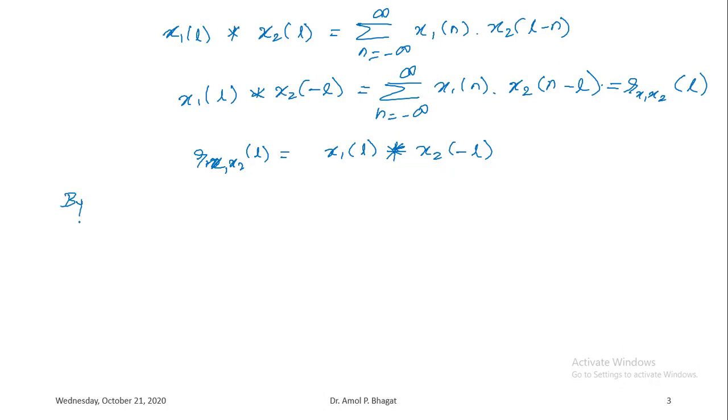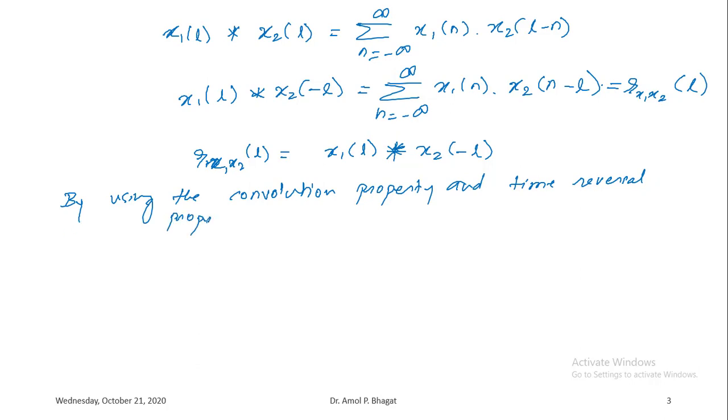So by using the convolution property, which we have seen in the previous session, and the time reversal property of Z transform, what we will get is that this time domain cross correlation can be represented as r x1 x2 of z in the Z domain.